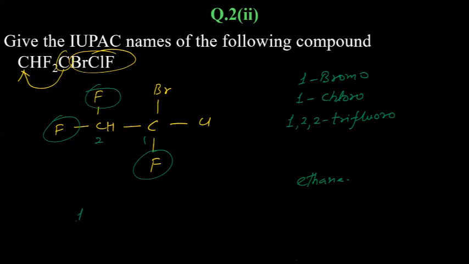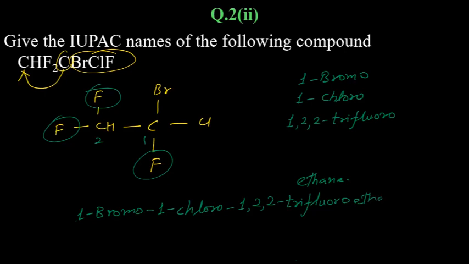So it will be 1 bromo, then 1 chloro, then 1 comma 2 comma 2 trifluoro, and then ethane. 1 bromo, 1 chloro, 1 comma 2 comma 2 trifluoro, ethane.